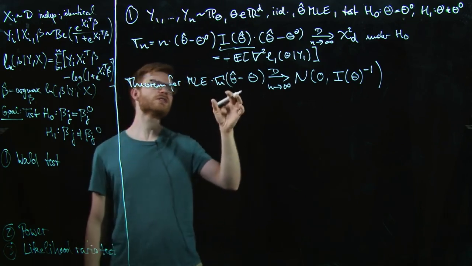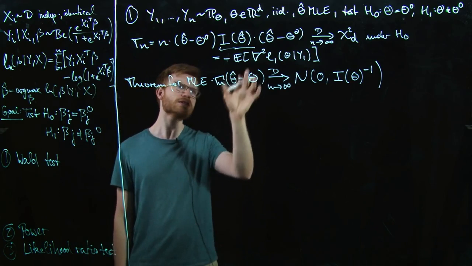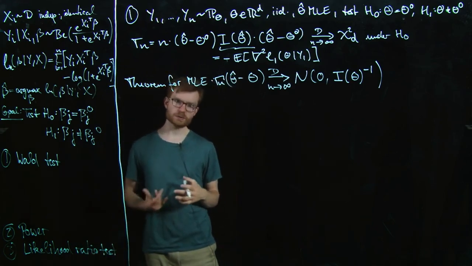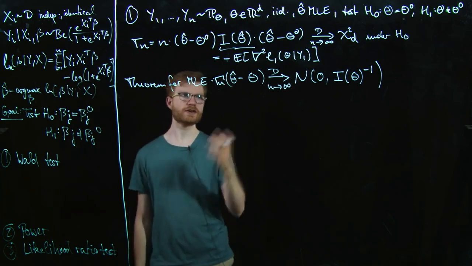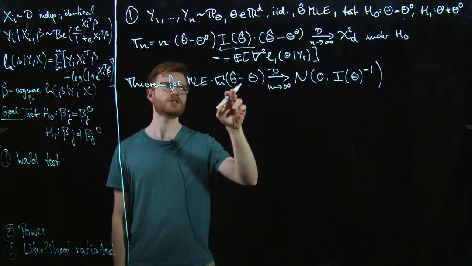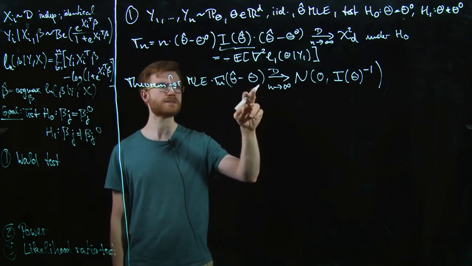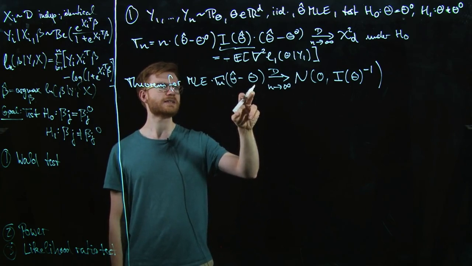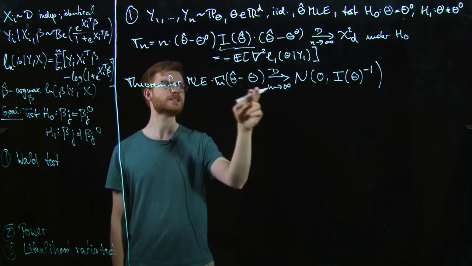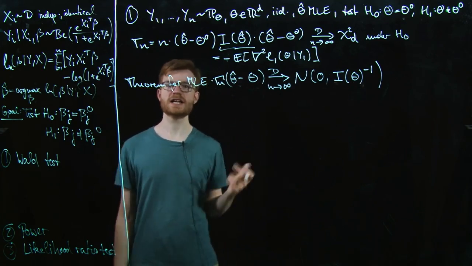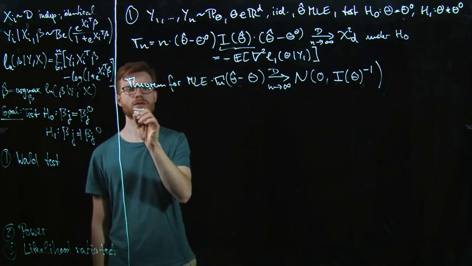In particular, the problem is if this is a d-dimensional thing, then we need to think about how do we get one number that allows us to cut off. And one way is by looking at the Euclidean norm of this vector, but weighted by the I here, to obtain a chi-squared distribution.